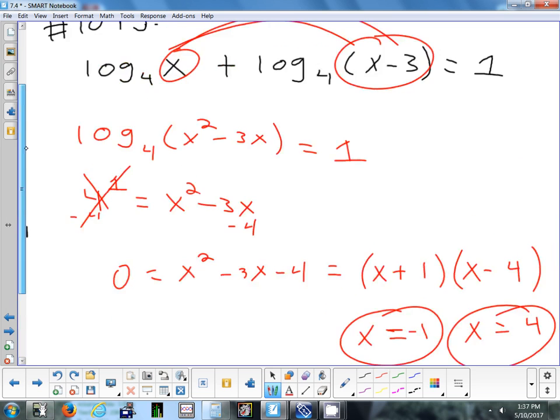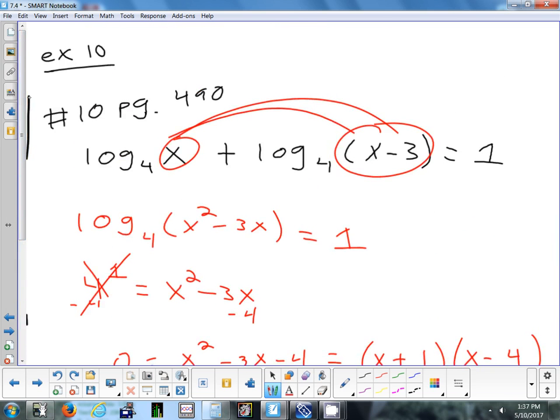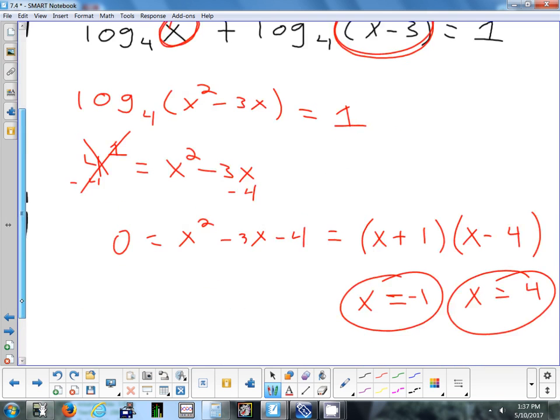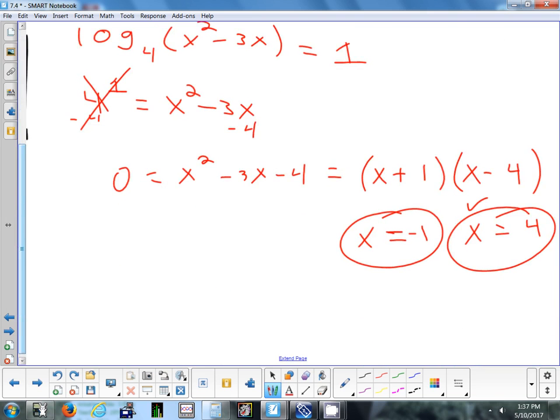Let's check 4. Okay. If you plug 4 in right here, would it be a positive or a negative? How about Eli? Positive. Yeah. What if you plug in 4 here? Positive. So that one's good. Okay, 4 is okay. So 4 works.